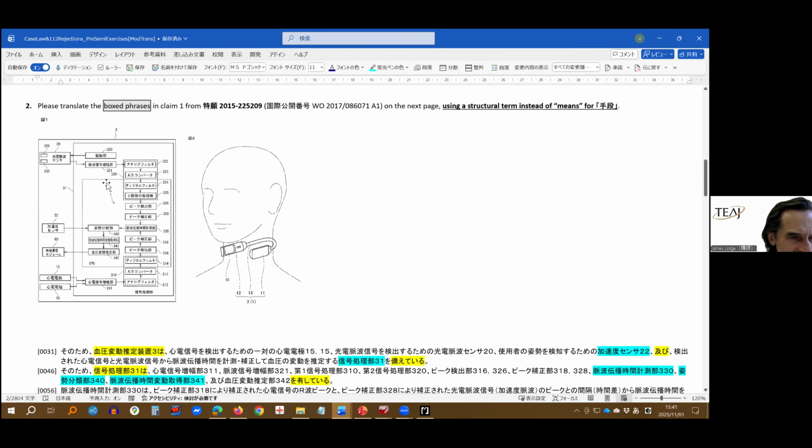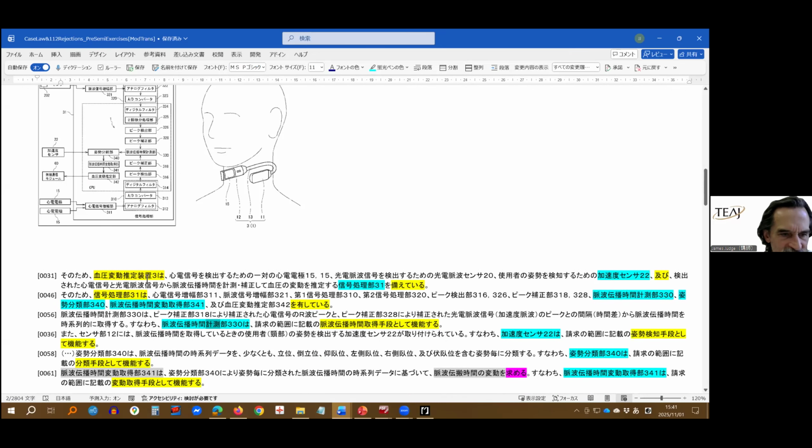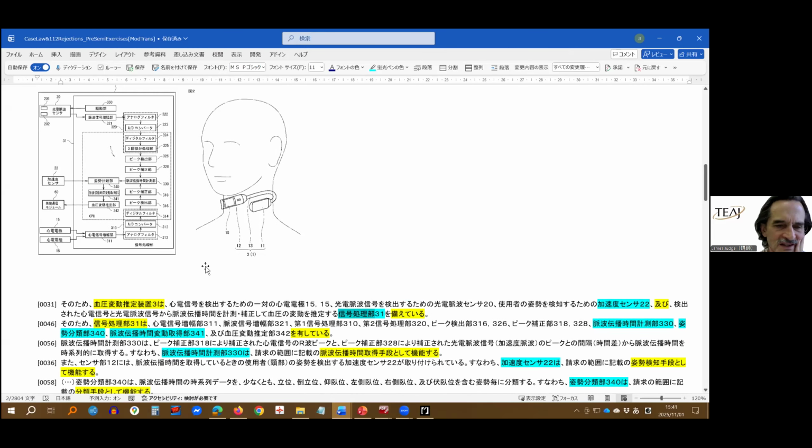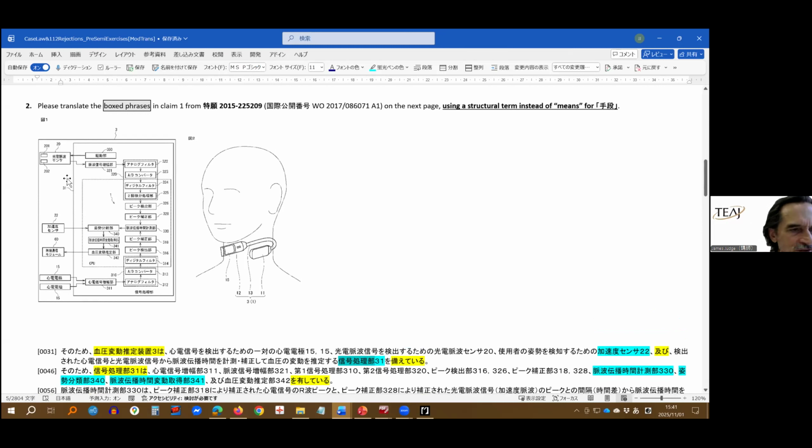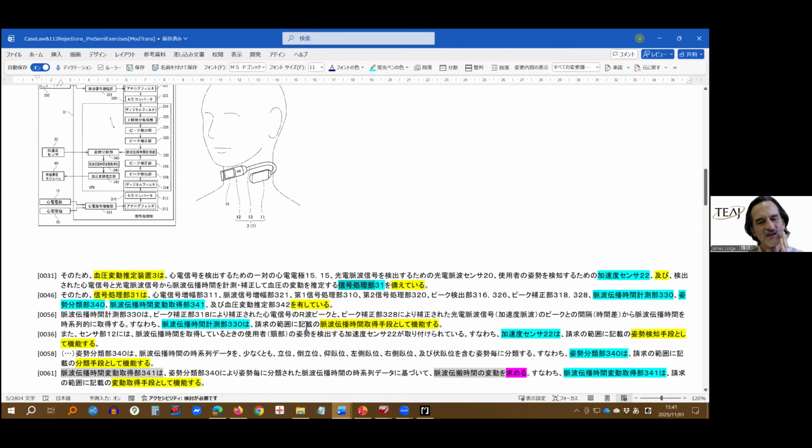Is it on here? Yeah, it's within 3, which is just a, well, this is the Ketsuatsu Hendo Suite Sochi, but oh, Shingo Shori Bu. So it's the 31. Yeah. So here, for example, 330, the Jikan Keisokubu is within 31, which is just a signal processor.